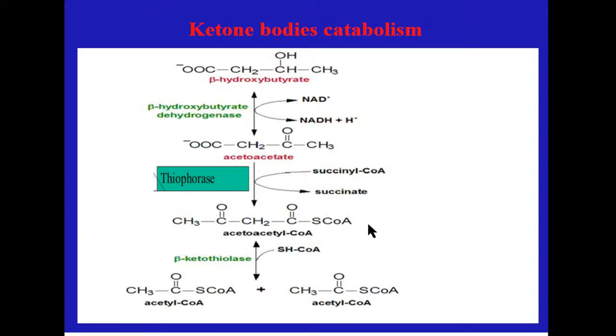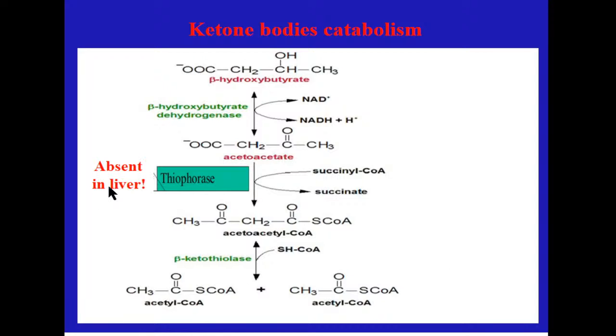What will happen with acetoacetyl-CoA? By ketothiolase, the same enzyme like in beta oxidation, it can be cleaved with the attachment of free coenzyme A. Thiolysis. We told about this reaction, thiolysis and ketothiolase. It can also give us 2 molecules of acetyl-CoA.